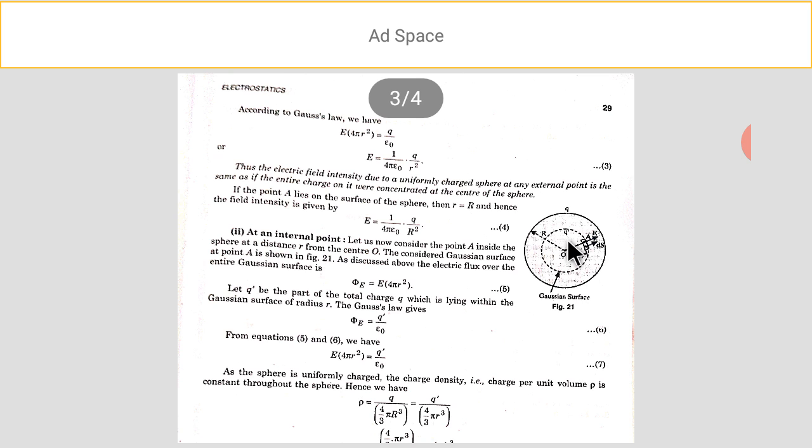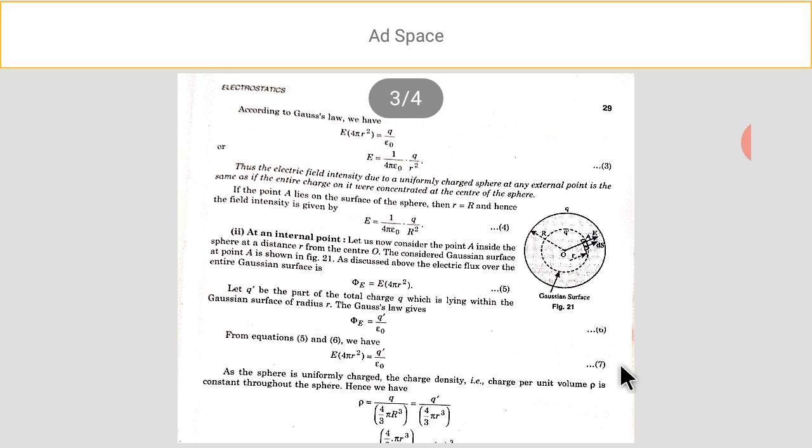Let us consider the point A inside the sphere at distance r. This is the point A inside the sphere, and this distance from the center is small r. Consider the Gaussian surface at point A as shown by the dotted line. This is the Gaussian surface.